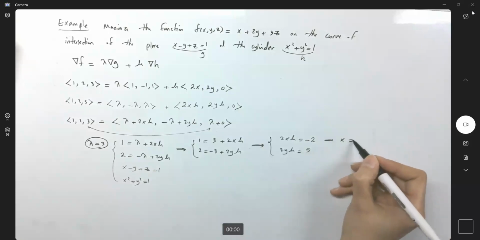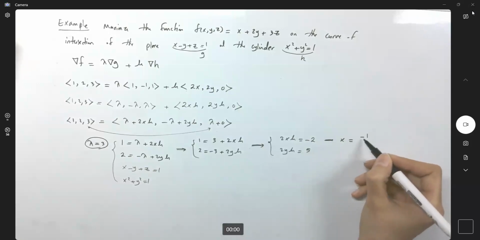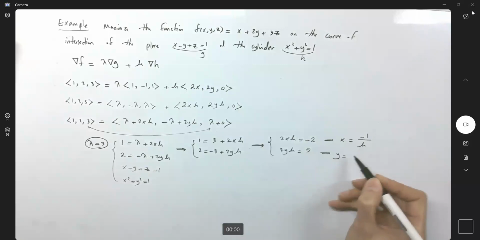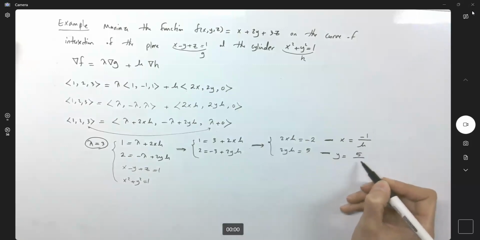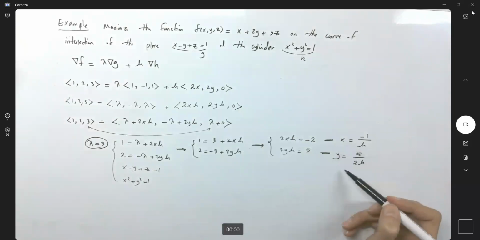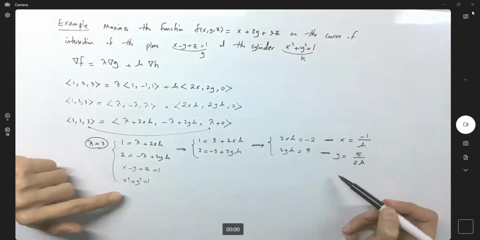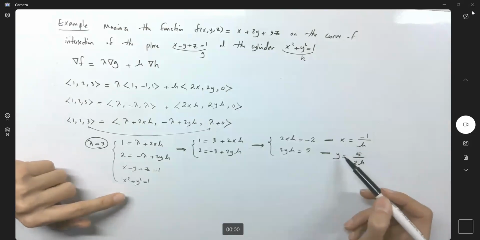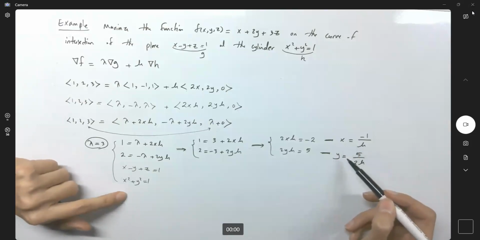So x can be written as negative 1 over mu, and y can be written as 5 over 2 mu. Very good. I have x and y. I have a relation which only has x and y. I can plug those in here and solve for mu.